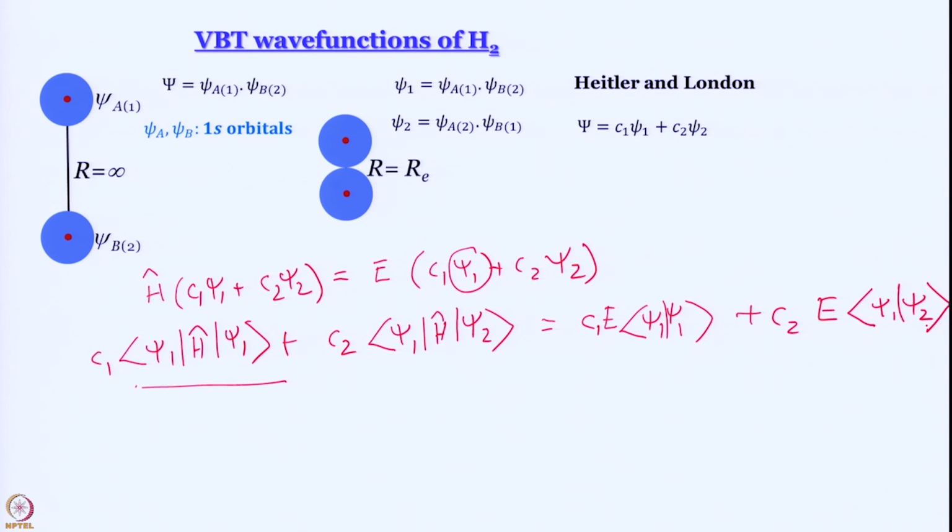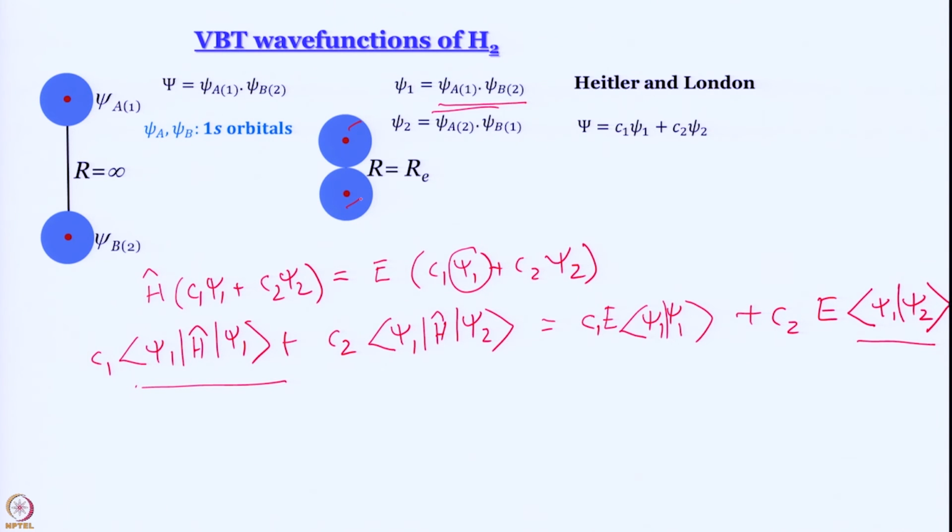Now first thing is this is not equal to 0, okay. This is very important to understand. Why is this not equal to 0? Because first of all these are products of wave functions, and secondly we are talking about one 1s orbital of this atom and one 1s orbital of this atom.